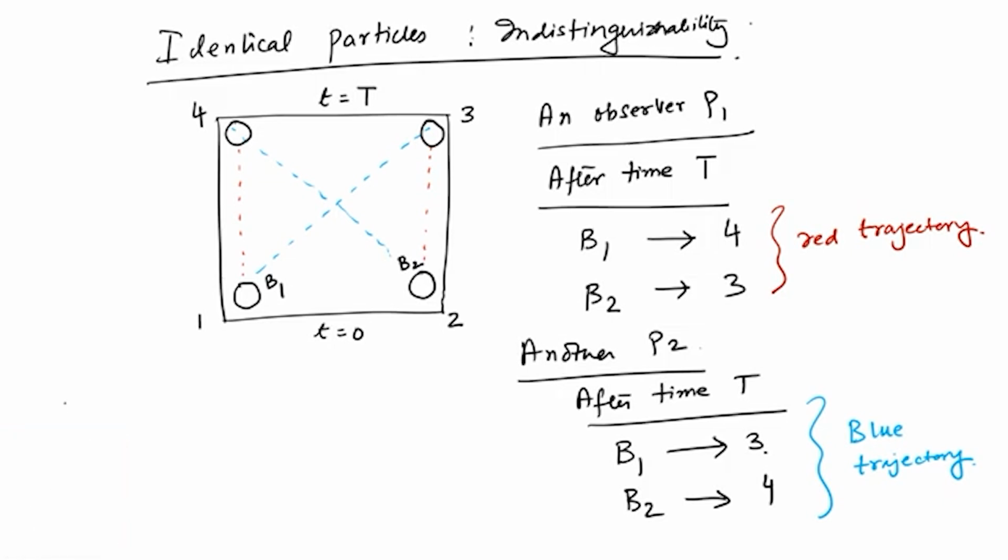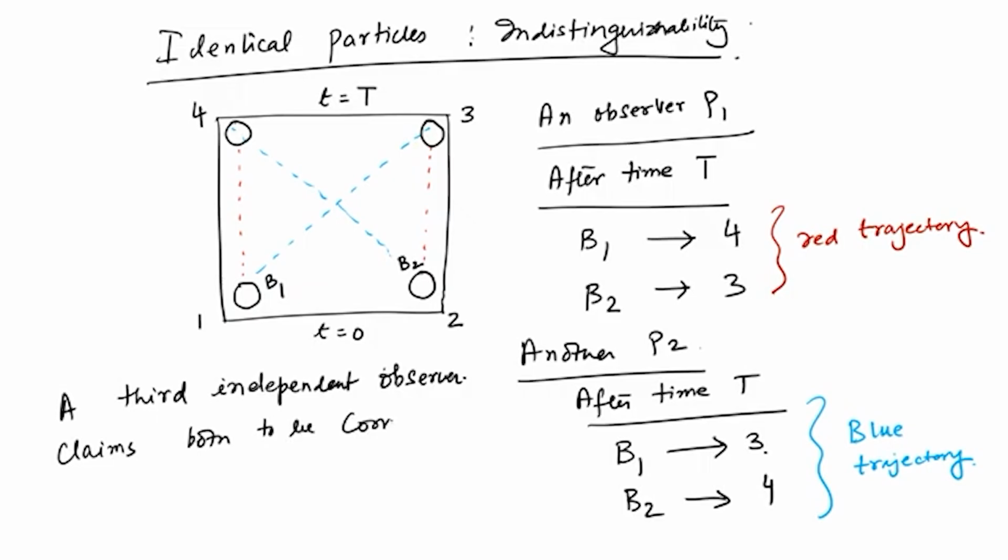So, a third independent observer claims both to be correct, and he is unable to resolve this conflict of what P1 claims or what P2 claims, which one is correct.